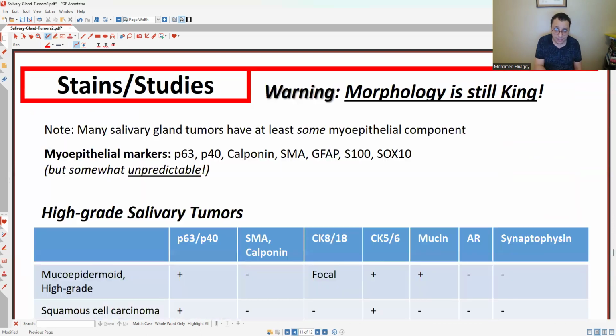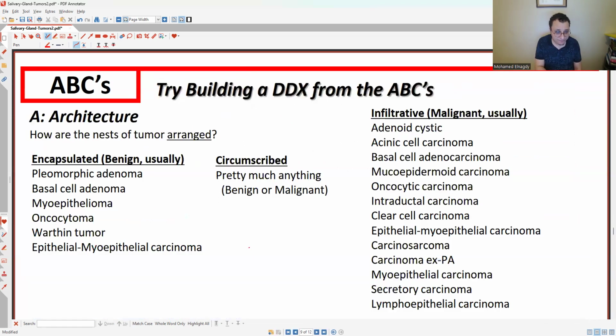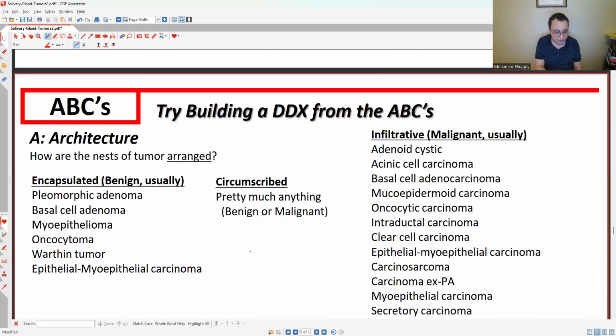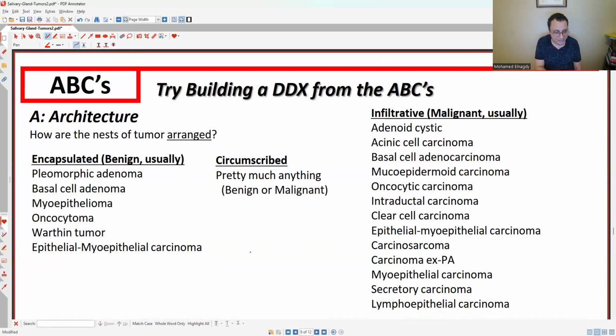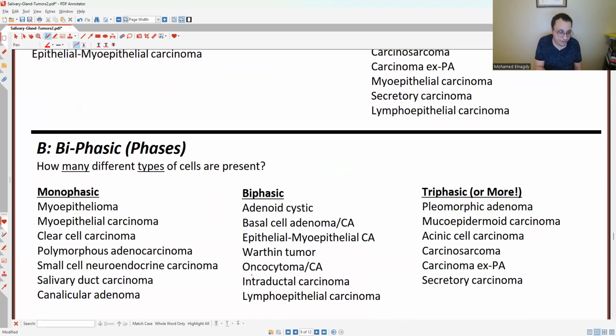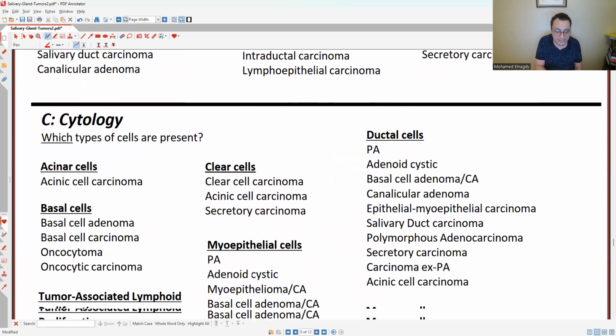For the last part of these notes, I would say that this is not for your boards. And I didn't feel it's helpful even in practice, honestly. He's trying to build up a differential based on the architecture, like which tumors are encapsulated, which tumors are circumscribed, which tumors are infiltrative, like B biphasic, C cytology.